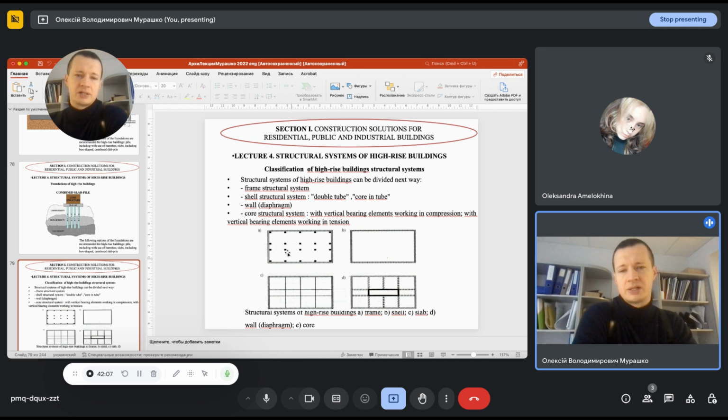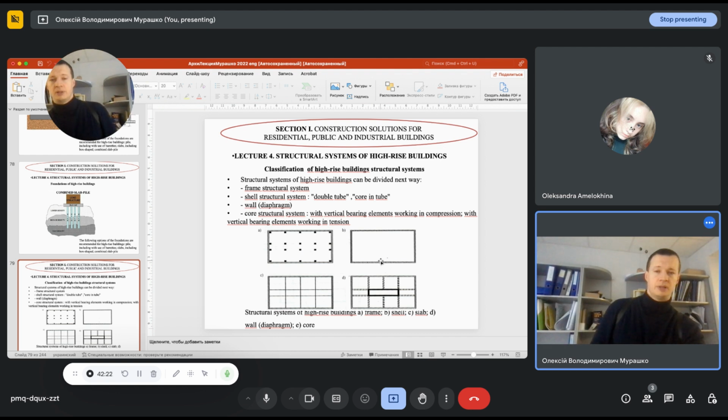That's normal for us. We can find the frame building variant. We can also find the shell building, and there is no such type in a regular building. We can find the wall or diaphragm system and the core system.